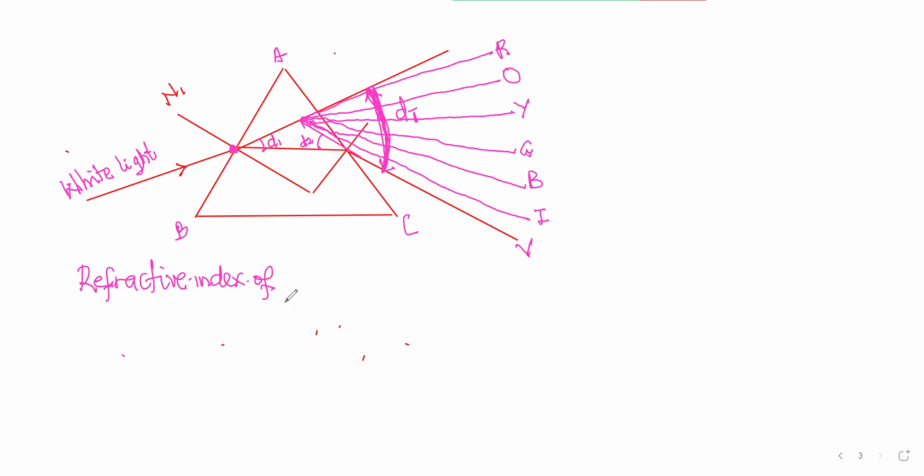Class, are you there? Yes, please. The refractive index of a material depends on the color of light in the material. You see, the refractive index of glass is 1.5. This 1.5 value we talk of is using visible light.